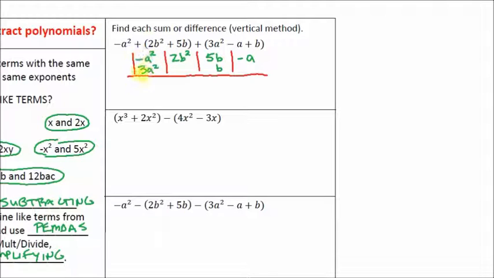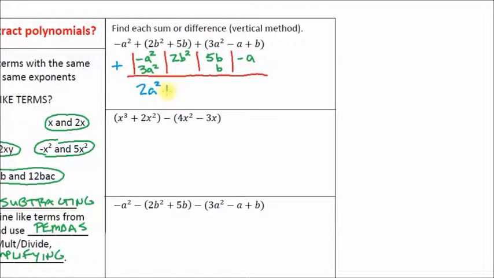Negative a squared plus, by the way, we're adding, 3a squared. Well, negative 1 plus 3 is positive 2, that's 2a squared. Notice that the variable doesn't change. What changes is the coefficients. We take the coefficient, negative 1, add 3 to it, that's positive 2.